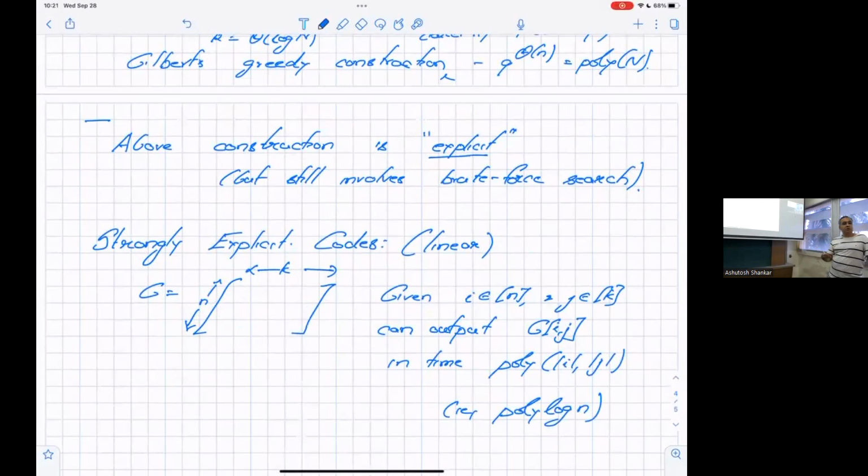If we want this generator matrix, take an arbitrary location, I must be able to output that in poly log n time. And if you look carefully at Reed-Solomon, I gave you the generator matrix for all these codes explicitly. If you tell me a particular location, you can go and compute that.